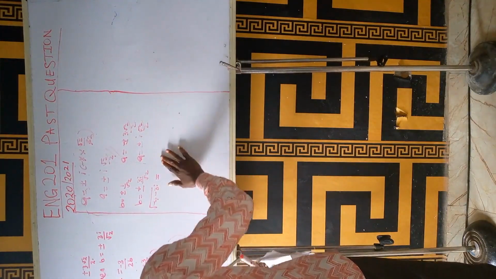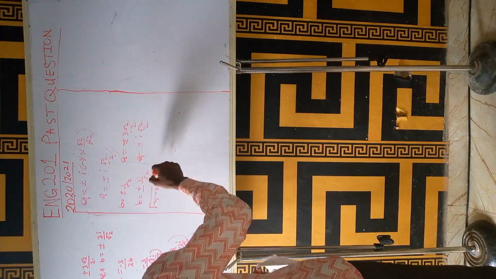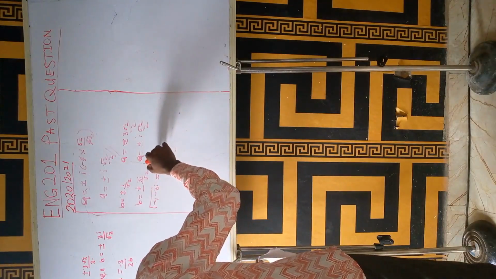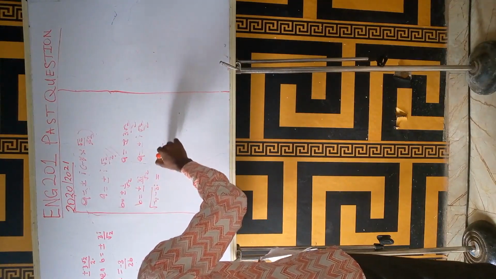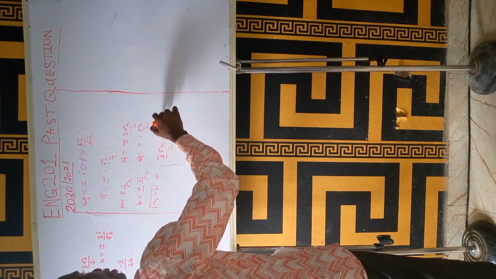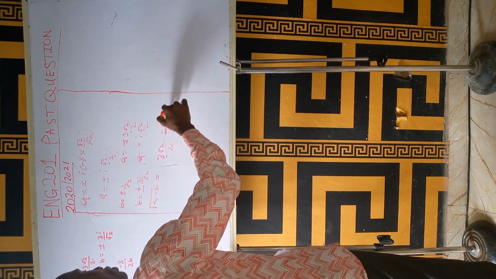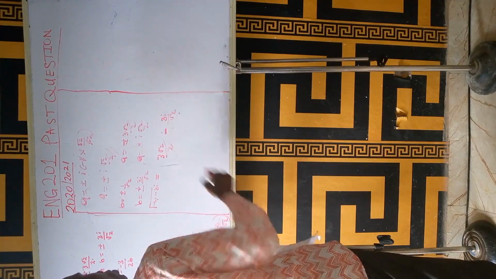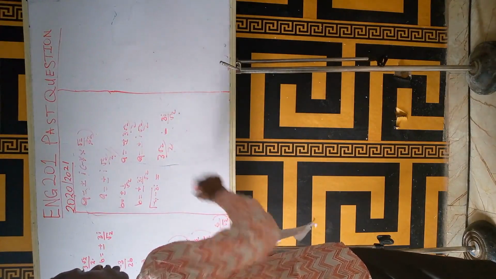The square root of this will give me 3 root 2 over 2 minus 3i root 2, this is what it will give me. Or let me say plus. This is what my answer will look like.